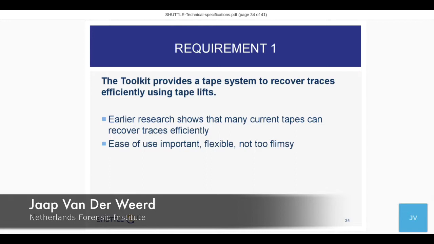It needn't be too flimsy, because people who work in forensics basically always wear gloves when working with traces. So we should be able to recover things while wearing gloves. So this is requirement 1.